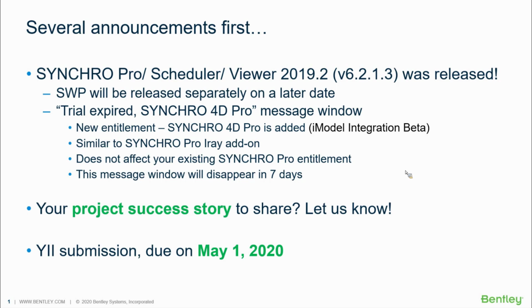That entitlement is similar to the SYNCHRO Pro IRA add-on, so it enables you to do something greater than the SYNCHRO Pro entitlement. It does not affect your existing SYNCHRO Pro entitlement, and this message window will disappear in 7 days if you don't have the SYNCHRO 4D Pro entitlement, and then your SYNCHRO Pro entitlement would just work as normal.